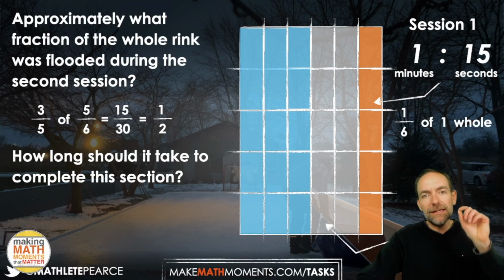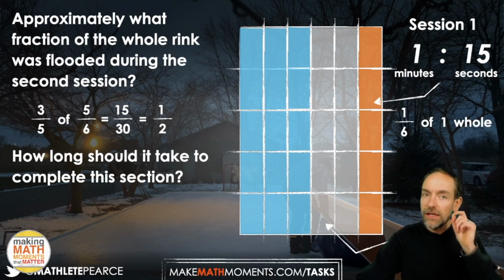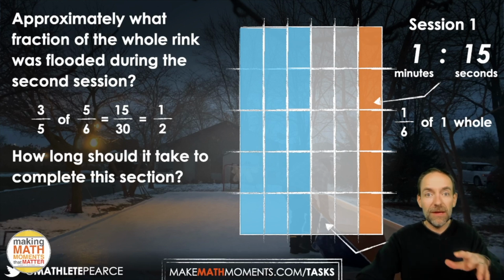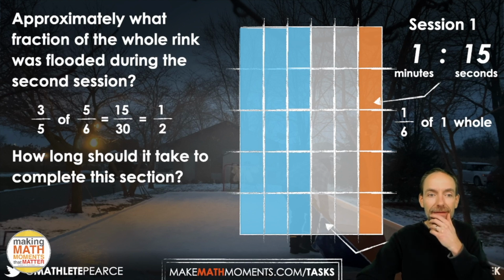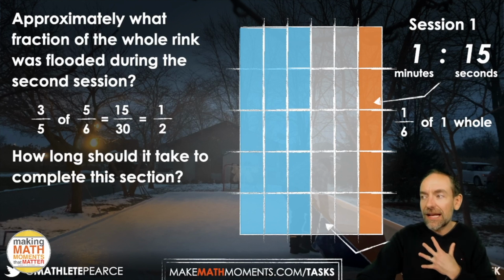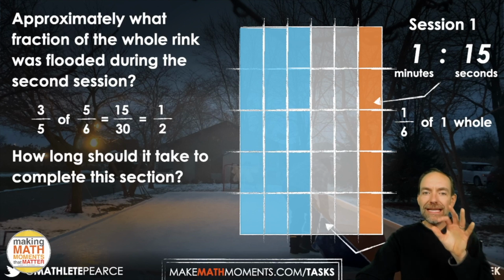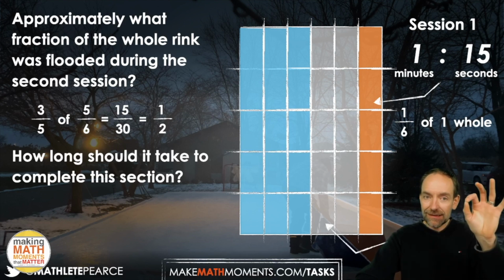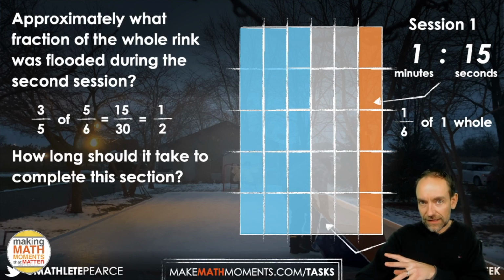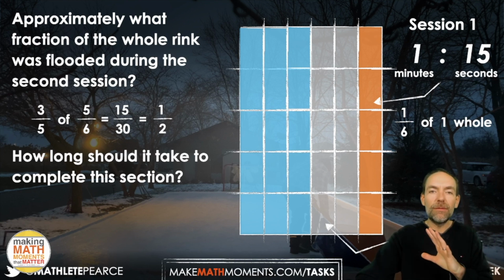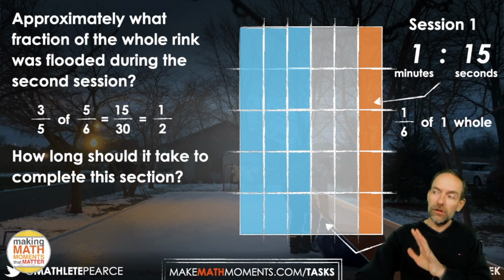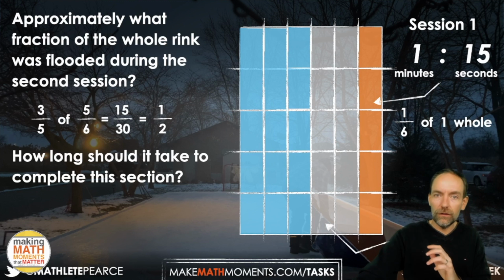But something that students, and maybe even some educators, might not realize is that I'm anticipating students are going to be able to come up with an answer that's either precisely 3 minutes and 45 seconds, or somewhere in that neighborhood, even if they were just estimating, by looking and reasoning through this problem.